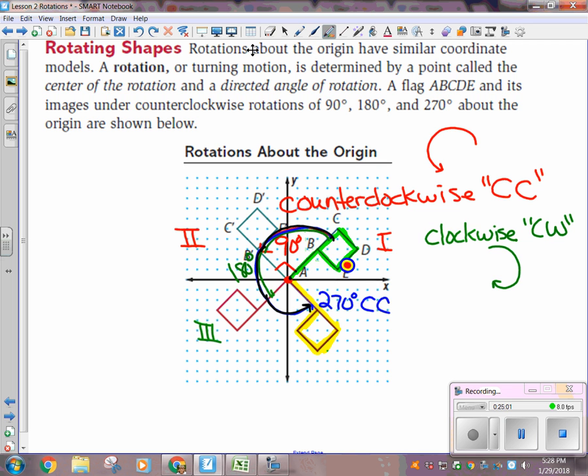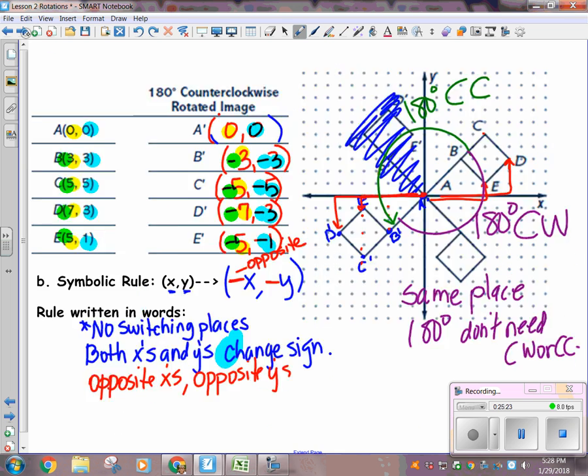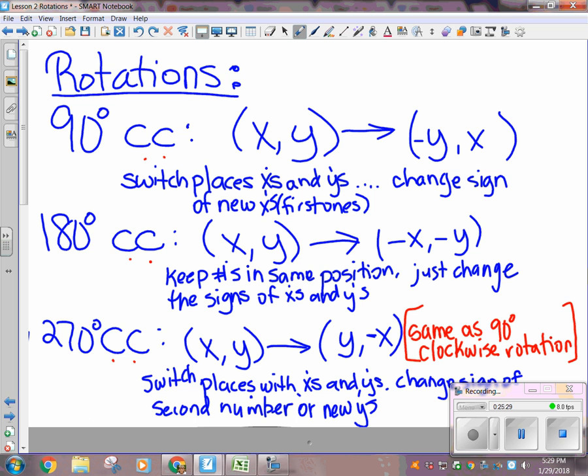So if I go from here to here, I would actually be going 90 degrees clockwise, and I would end up at the same flag, okay? So whether you go backwards against the clock or forwards with the clock, you end up with the same spot. So some people would argue, and that's what I was trying to show you, do pay attention to clockwise, do pay attention to counterclockwise. 270 degrees counterclockwise is the same as 90 degrees clockwise. So it's very important to note that.